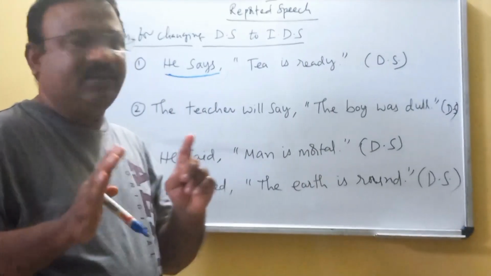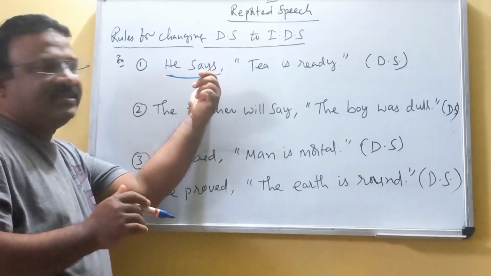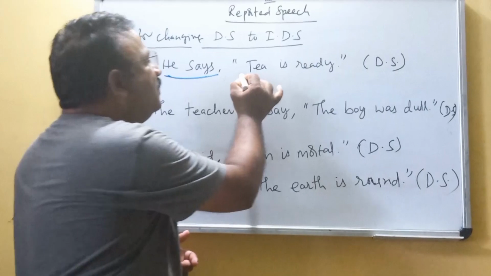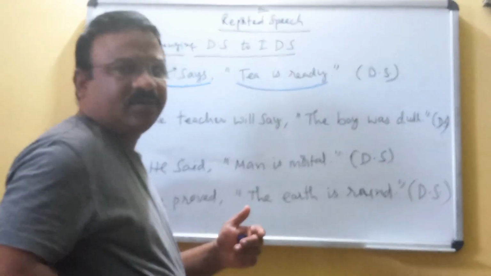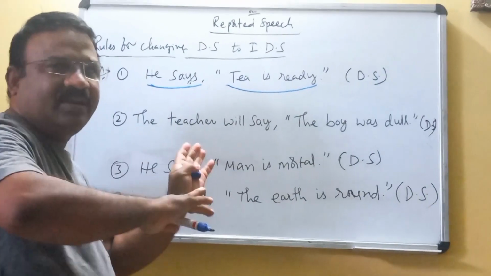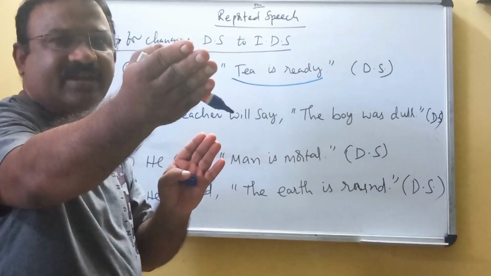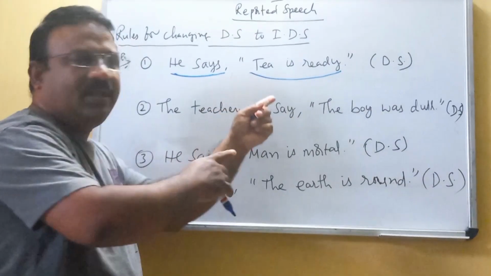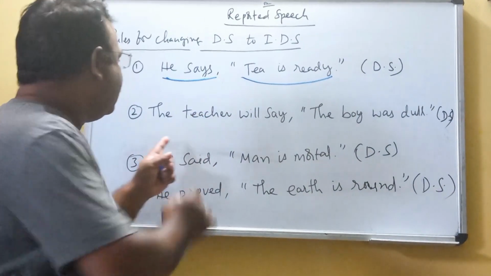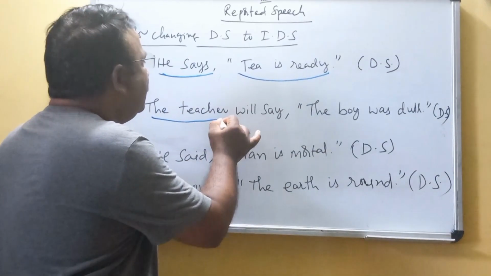So here, the reporting verb is present tense, and this is the reported part. When it changes to indirect speech, it remains unchanged.